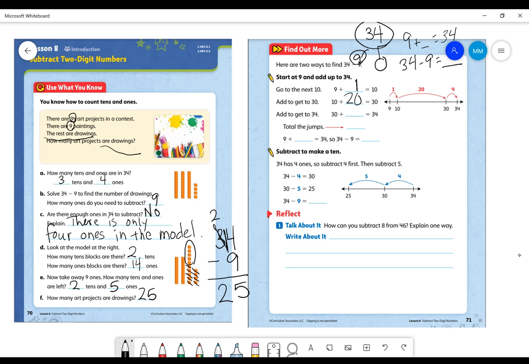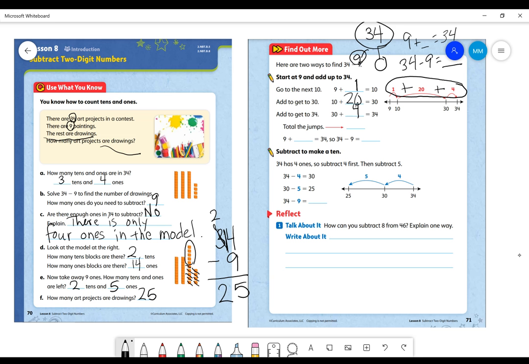And then we knew that our whole was going to be 34. So at 30, how many ones would I need to make 34? I would need 4 ones. And then it asks for the total number of jumps. So here is that part. We have to add the jumps to find that missing part.